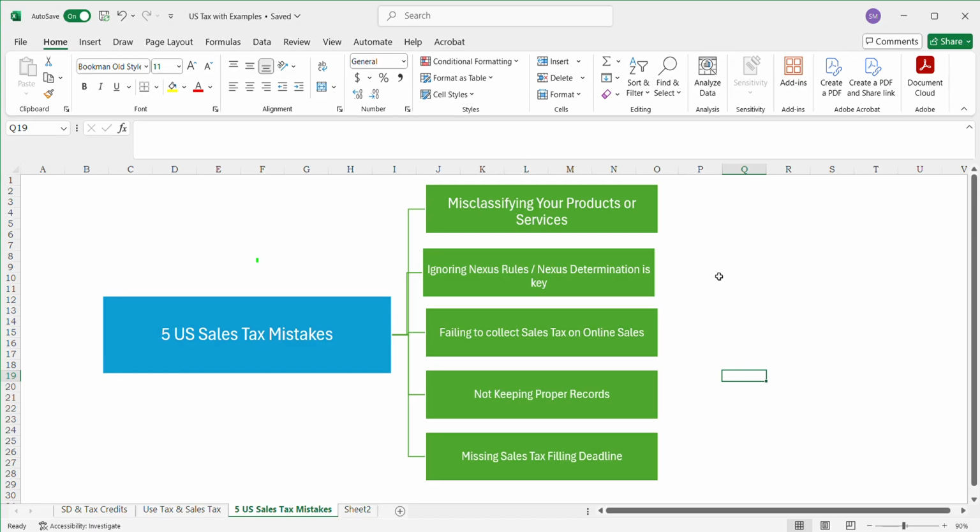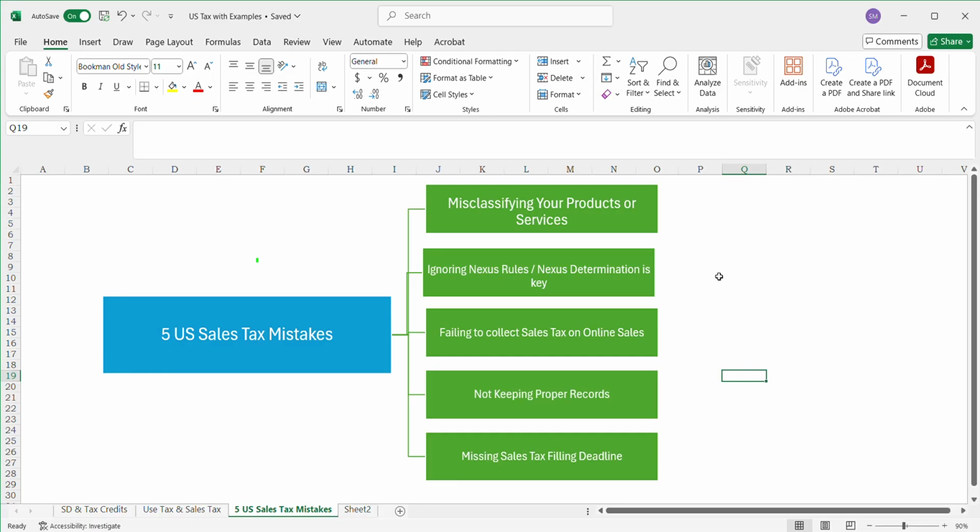The first and top mistake is misclassifying your products or services. It is always important to review the regulations of different states, because different products have different tax rates in different states.